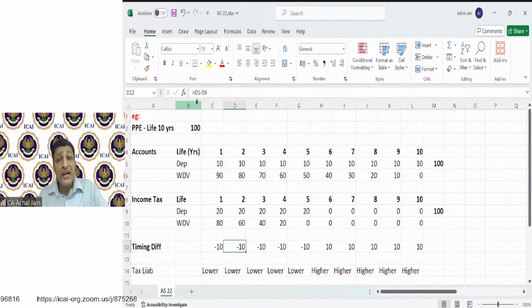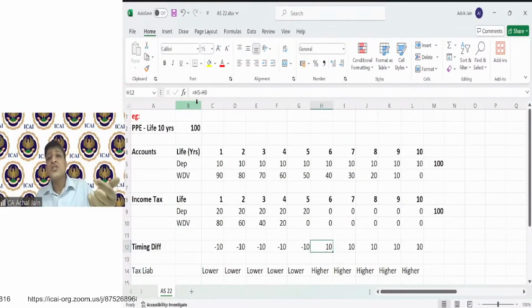But starting from the 6th year, what do you find? That this depreciation charge, which was allowed by income tax in the previous years, is now disallowed. That's why you see a reversal of this trend. Correct?